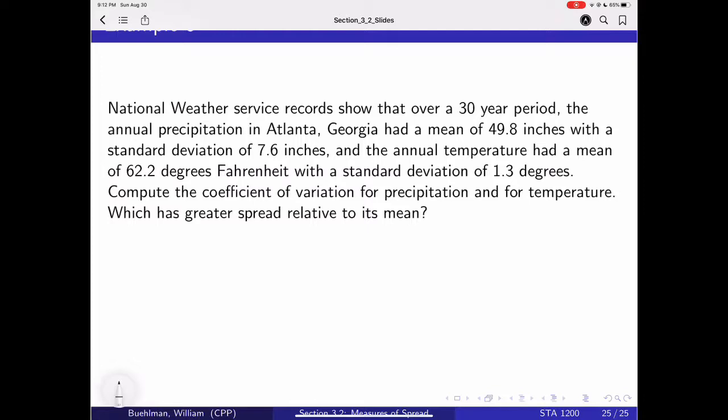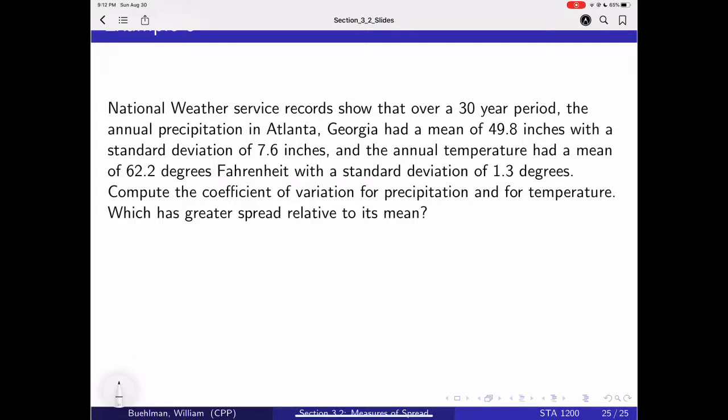Compute the coefficient of variation for precipitation and for temperature, and tell me which one has the greater spread relative to its mean. So we can see that these have different units. Precipitation is in inches versus temperature is in degrees, but a coefficient of variation gives us a way to compare which one is more spread out, even though they have different units.